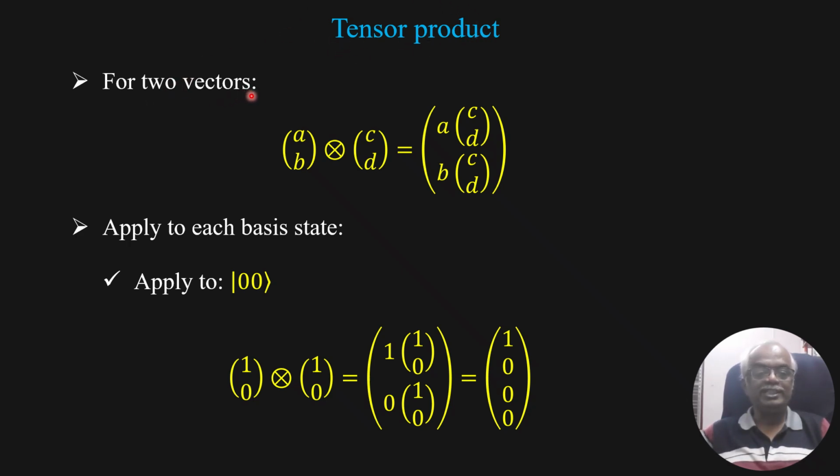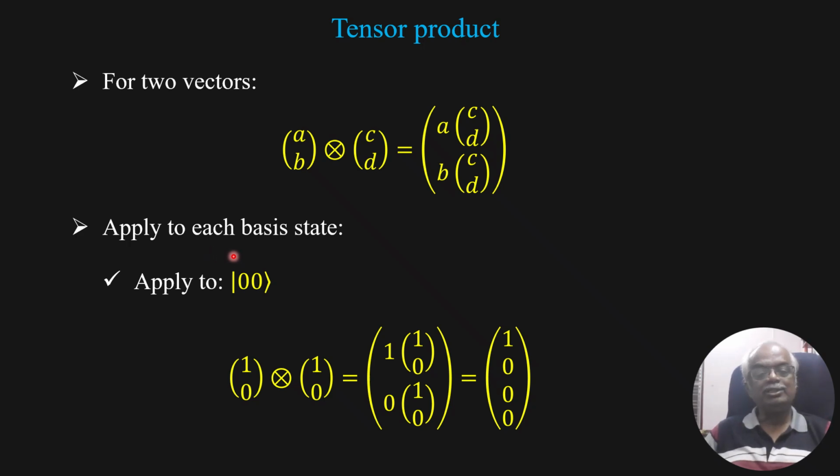For two vector states, you take a column vector (A, B) and do the tensor product with the column vector (C, D). The net result is A, the first row, multiplied by the column vector (C, D), and similarly B, the second row, multiplied by the column (C, D).